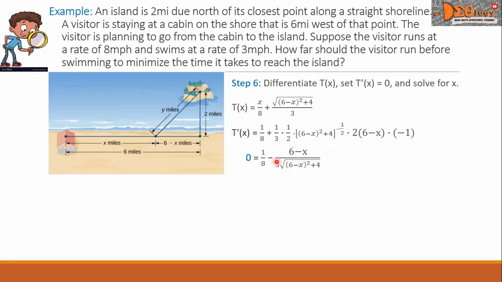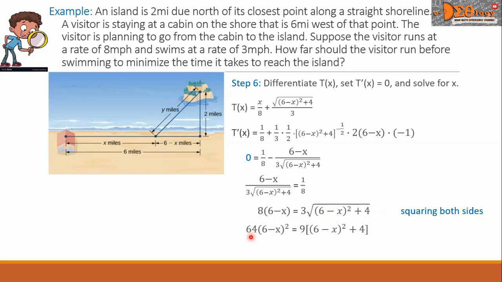Let us transpose the second fraction to the left side, so this negative becomes positive. And from here, let us do cross multiplication. So our new equation now becomes 8 times (6 minus x) equals this whole radical on the right side. Then let us square both sides so that this radical will be cancelled.